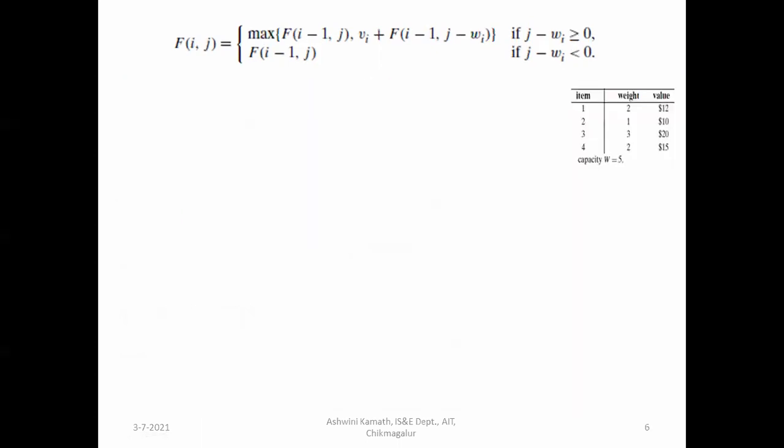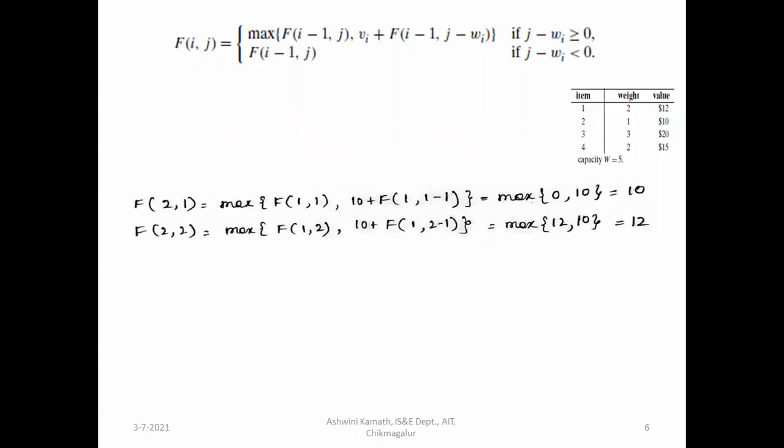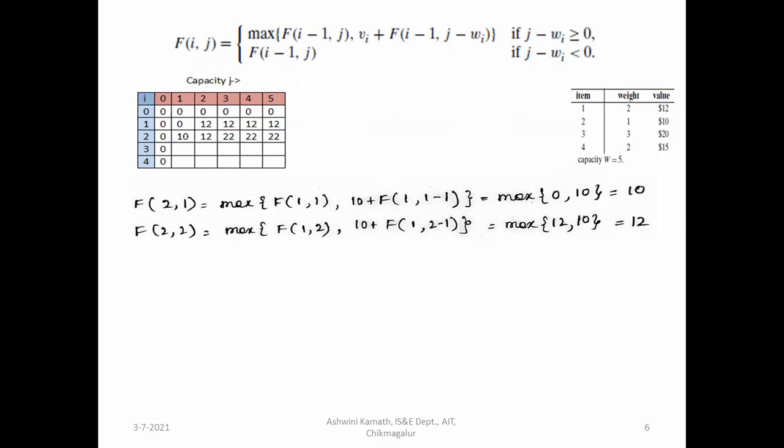Okay, so let us go for the next row now. For the next row, f of 2 comma 1 is equal to the maximum of f of 1 comma 1. 1 comma 1 is 0, comma the second item, i value is 2 now. Value of i is 2 and j is 1.